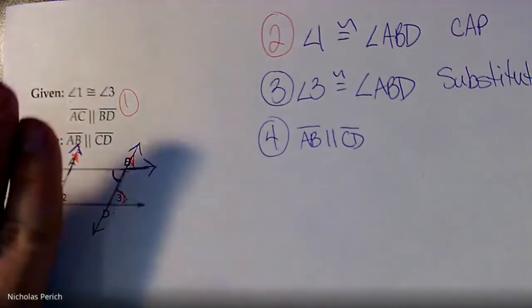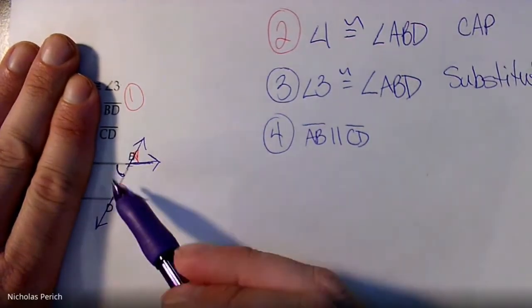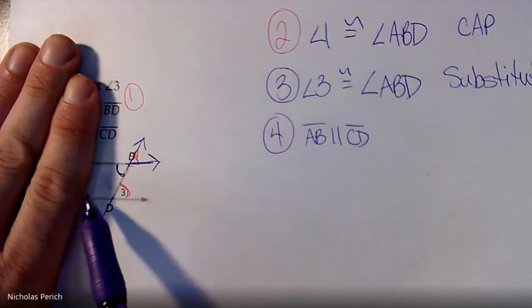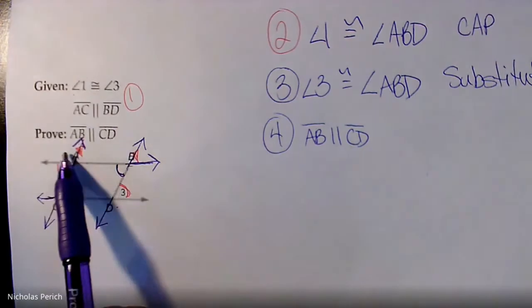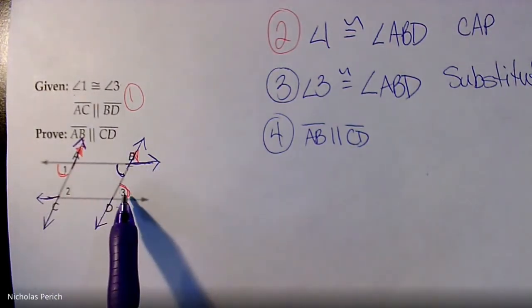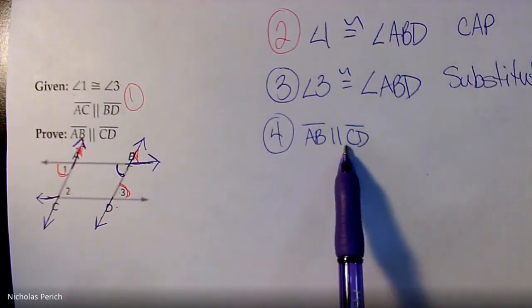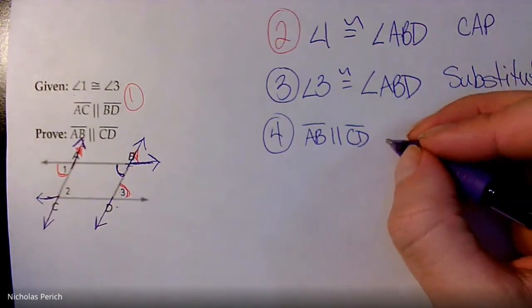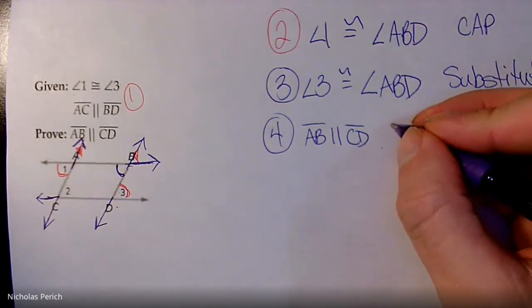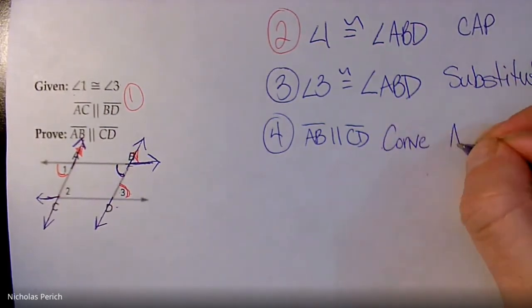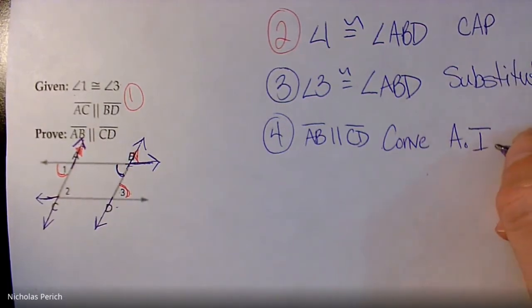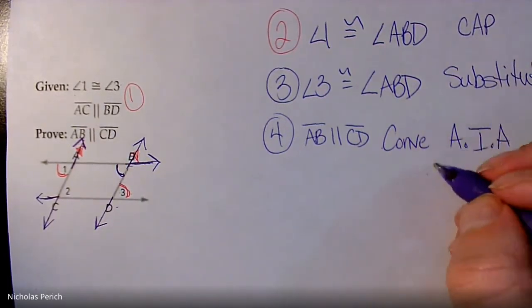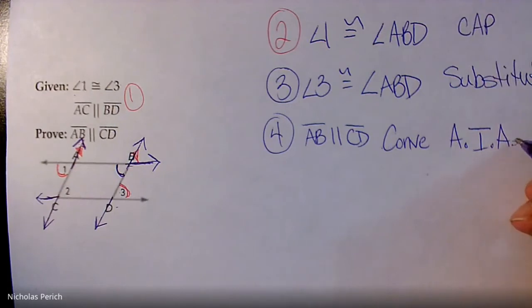Now, since these two guys are equal to each other, and they're the alternate interior angles of this line AB and that line CD, I can say that AB is parallel to CD using the converse of the alternate interior angles theorem. Or they like to call it the alternate interior angles converse. So we'll call it that.